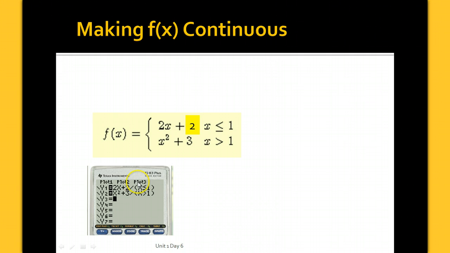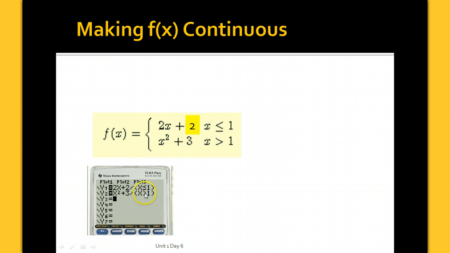And as you notice over here, I have used this division bar for a little bit of a different reason than normal. We are dividing the domain when we use that division bar. And we're going to tell it in this piece x is less than or equal to 1, and in the second piece when x is greater than 1.